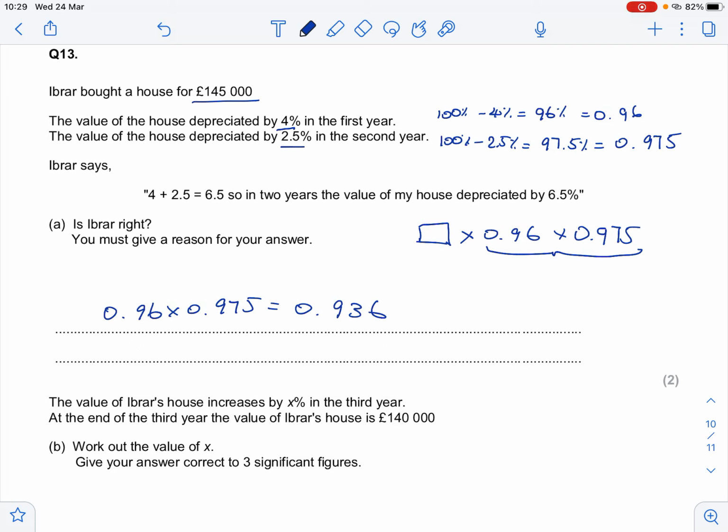So the value is now only 93.6% of the original amount. We start with 100, and now it is only 93.6%, which is a reduction of 6.4%. Therefore, Ibor is not correct.